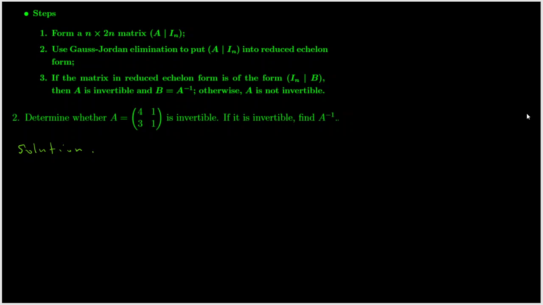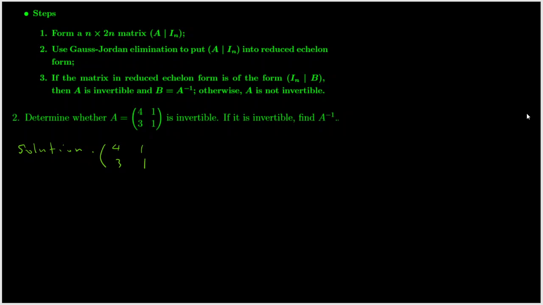We start to form a matrix like that. That's in general an n by 2n matrix. So in this case, the n value is 2. We are forming a 2 by 4 matrix. By that we mean 2 rows and 4 columns. In the new matrix, you put A on the left. You have 4, 1, 3, 1. That's the matrix on the left.